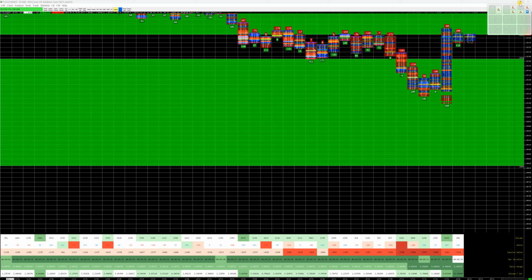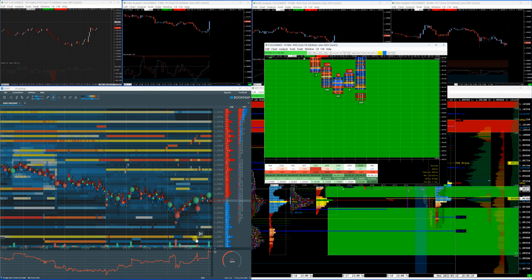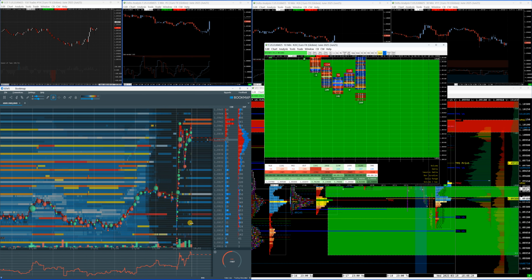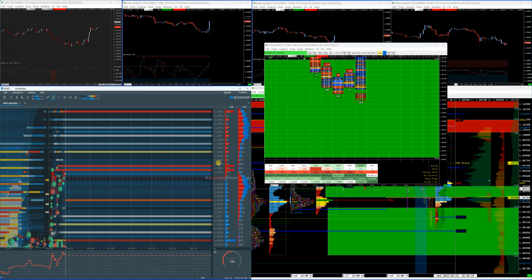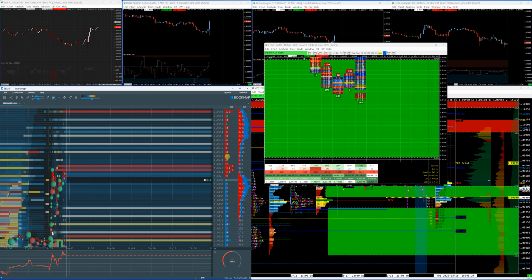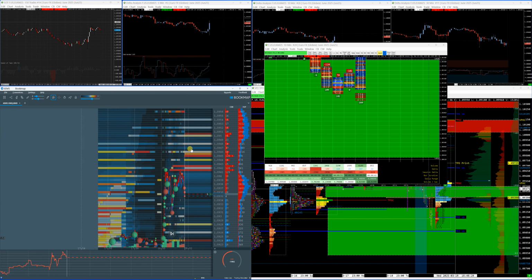The interest rate announcement, as I said, was what was forecast, so 4.5. No big surprise. You can see some limit orders being added here in different parts.